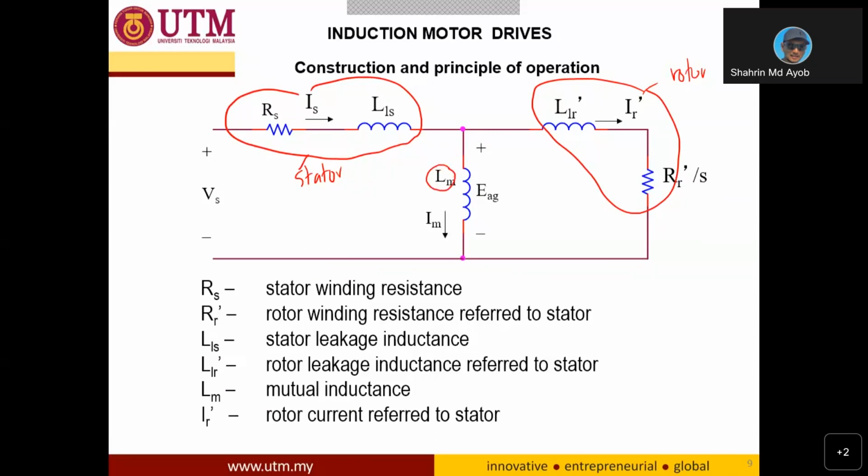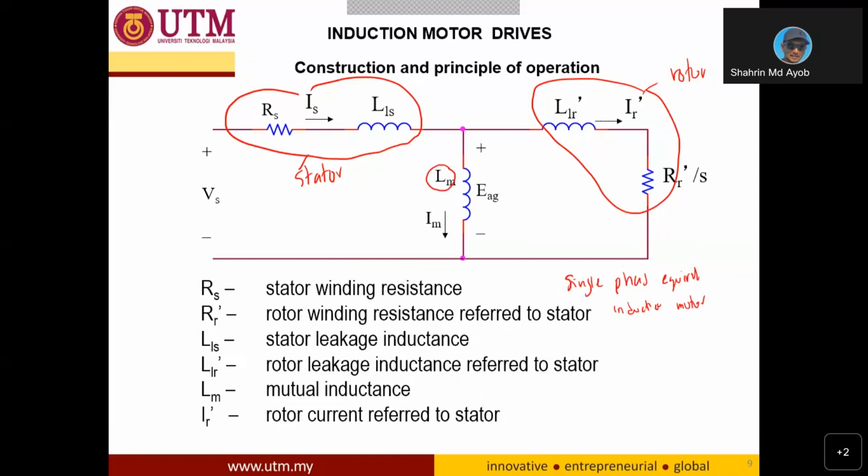So you have IS and then you have IR. Okay. So this is actually what we call a single phase equivalent induction motor. Okay, single phase. We assume that even though it is a three phase, the other phases are equal.